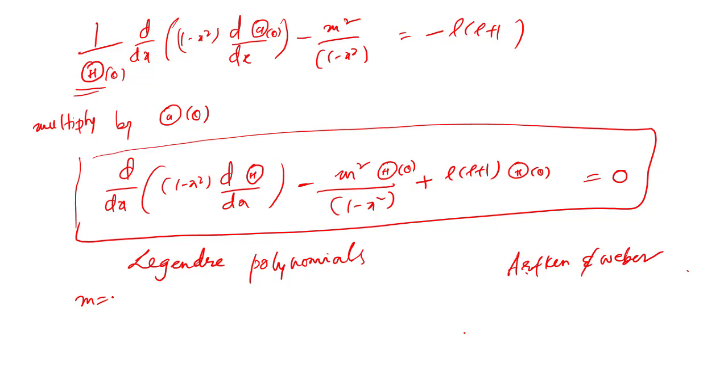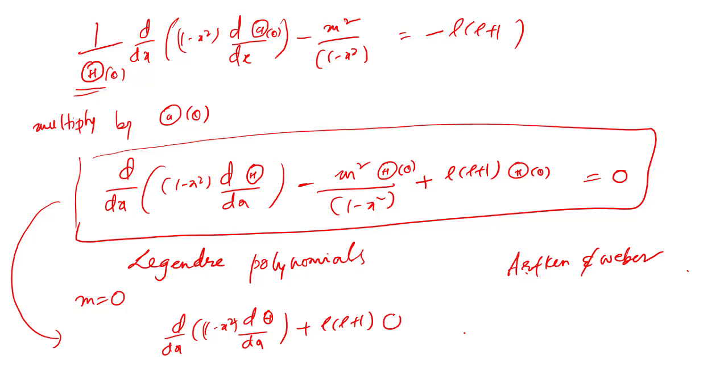One for m is equal to 0. So if m is equal to 0, this equation would look like d by dx 1 minus x squared d theta by dx plus L into L plus 1 theta of theta is equal to 0.